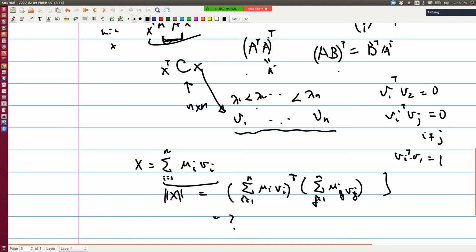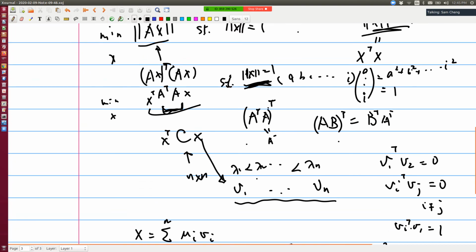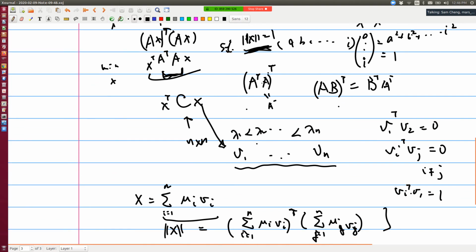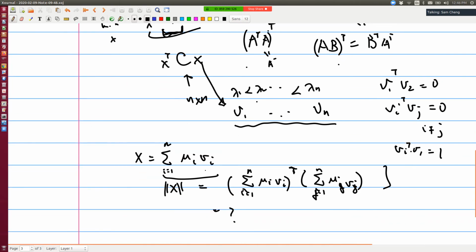Remember we have the constraint here. We say the norm of x equals 1. So I can represent any x using this basis here, right? So I just want to see, if I represent using this basis, of course this mu is arbitrary, but I want to see what kind of constraint I will have on the mu's here.